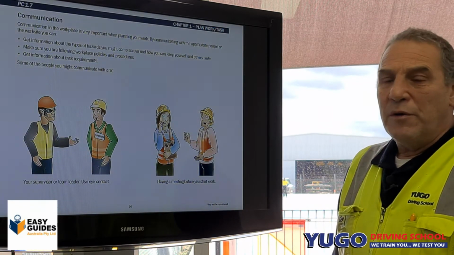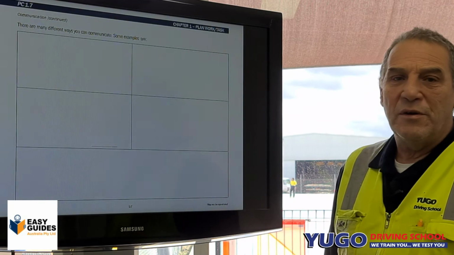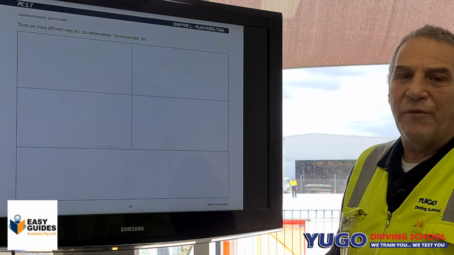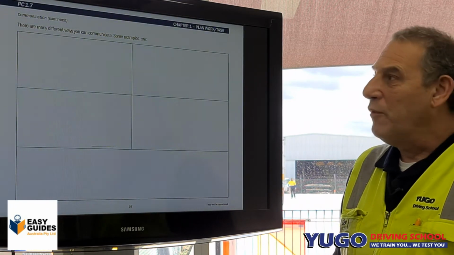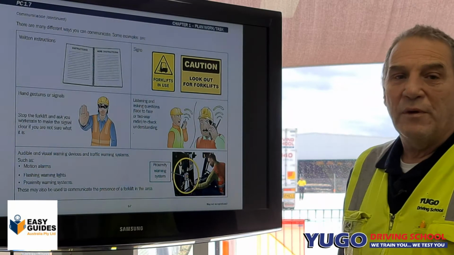Now, we're going to talk about methods of communication. There's many different types of methods of communication out there. We've got written instructions, signage, hand gestures, listening and asking questions, or audio devices or sensors on your forklift.